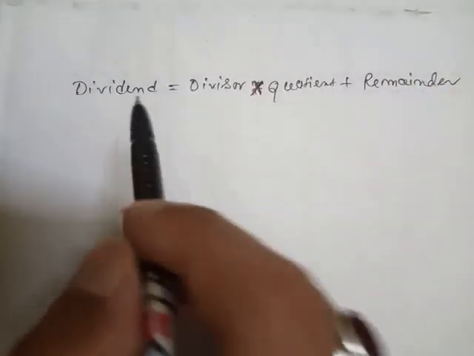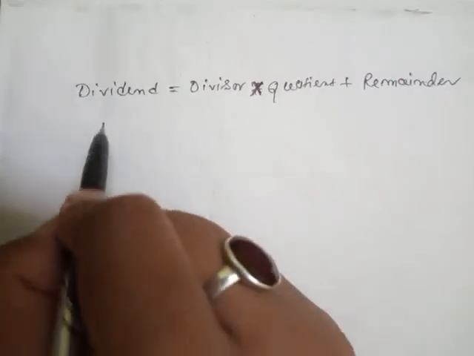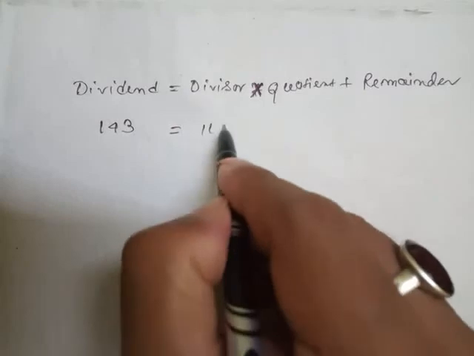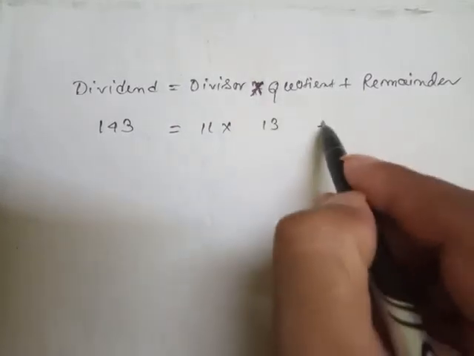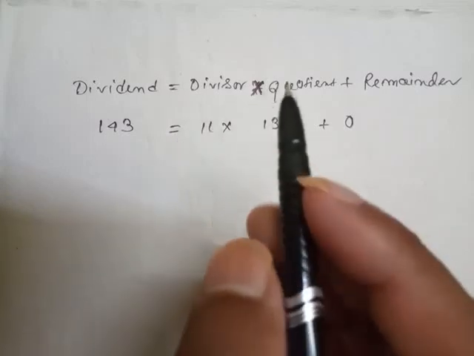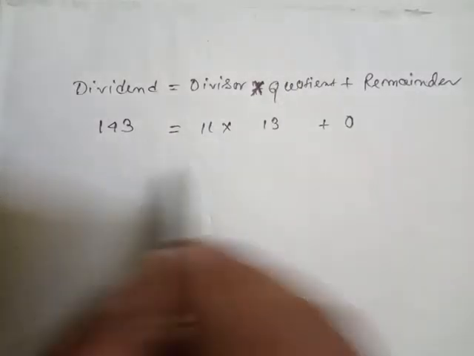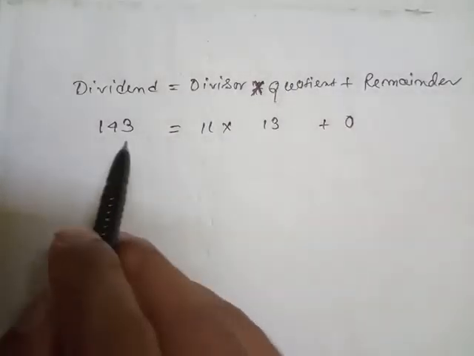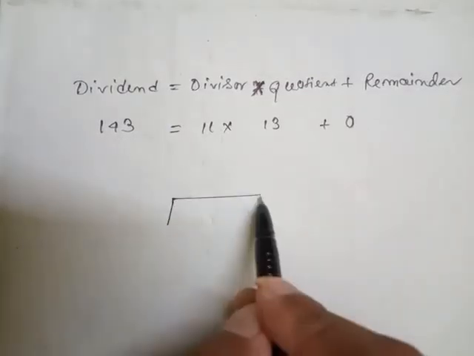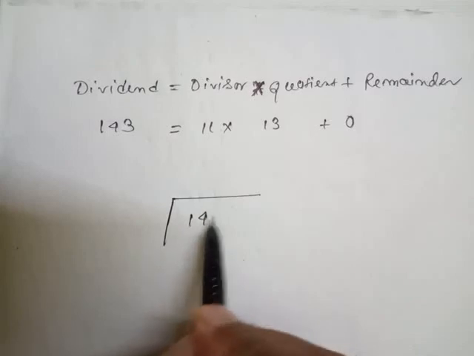Now dividend is 143, divisor is 11 into quotient is 13 plus remainder is 0. If we go for this, it will be easy for us. This is the basic formula. Now after that I am going to show you the actual division.